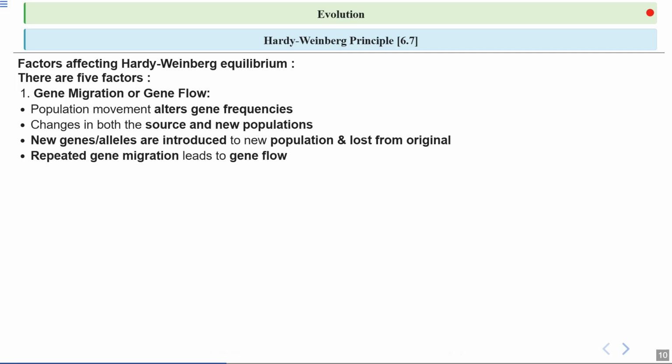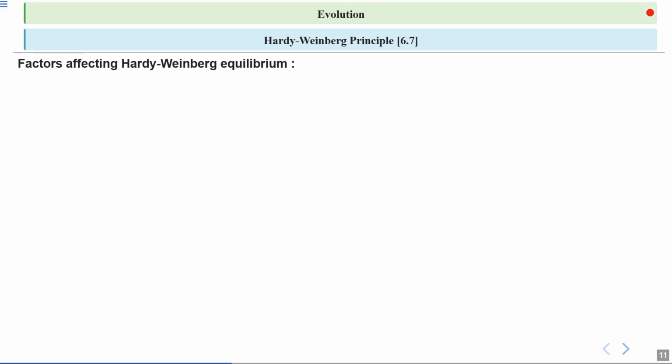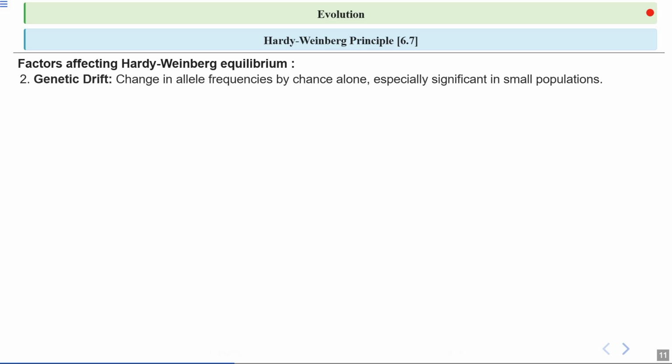Now repeated gene migration leads to gene flow. Clear? If the migration is happening again and again, it will lead to gene flow and a change in the gene frequencies. This can lead to a change in the genetic equilibrium and the population can evolve.